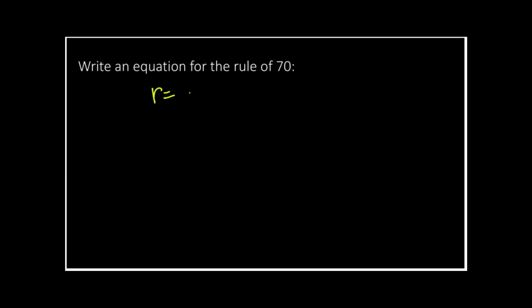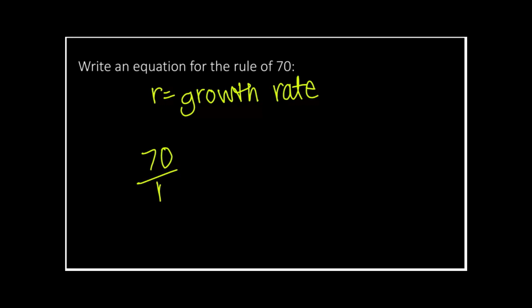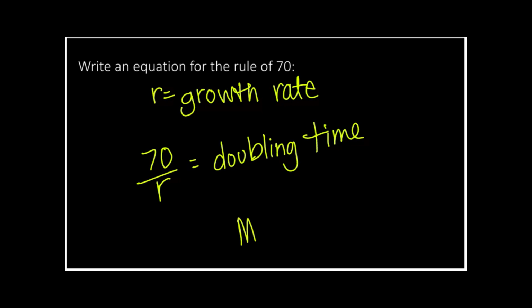So R is equal to your growth rate, and it's usually expressed as a percentage. To do the rule of 70, you just do 70 divided by R, and that'll give you the doubling time. You should have this memorized for the AP exam. They won't give you this formula, and they may expect you to do it.